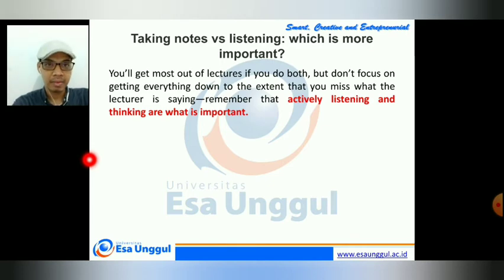Remember, please jot down that actively listening and thinking are what is important. Okay, this is a tricky question actually. Nothing is more important than taking notes and listening in an academic setting, meaning both of them are highly important. Active listening and thinking are what is important.